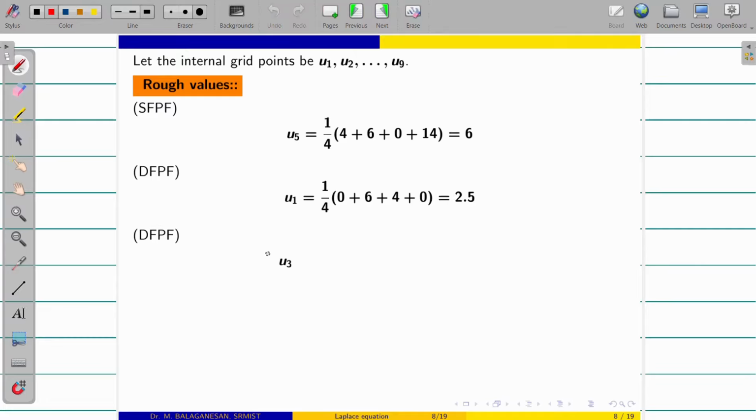Now, similarly, U1 we know, so for U3 also we are going to use the diagonal 5-point formula. If you use that, we can get 10. Then U7 is equivalent to 1 by 4.